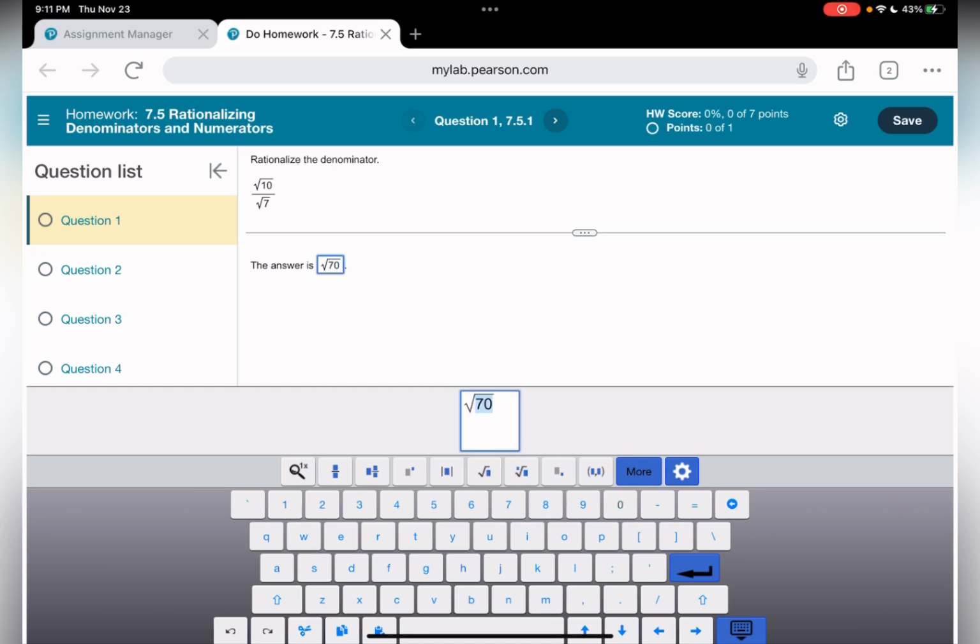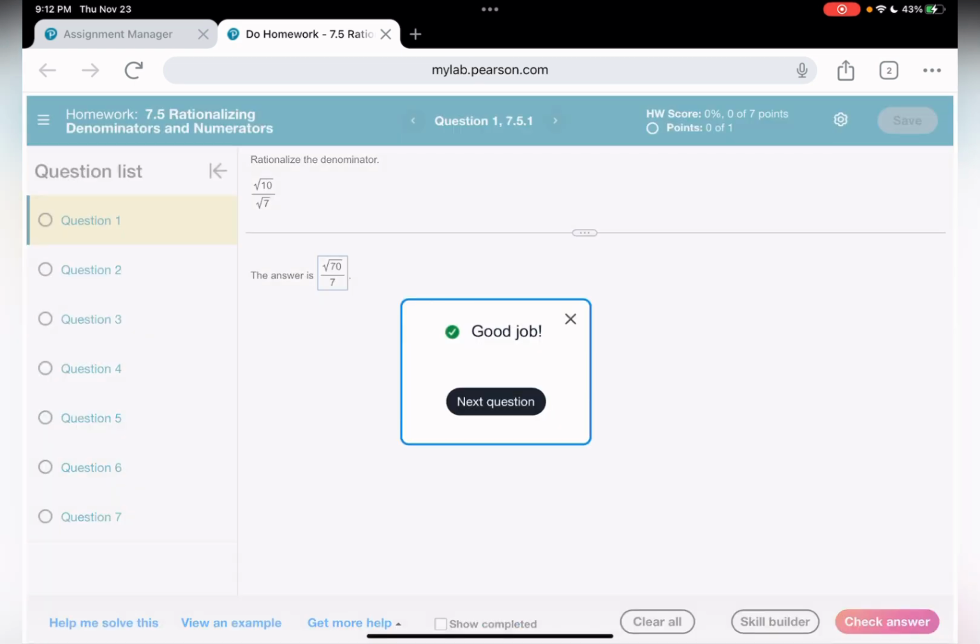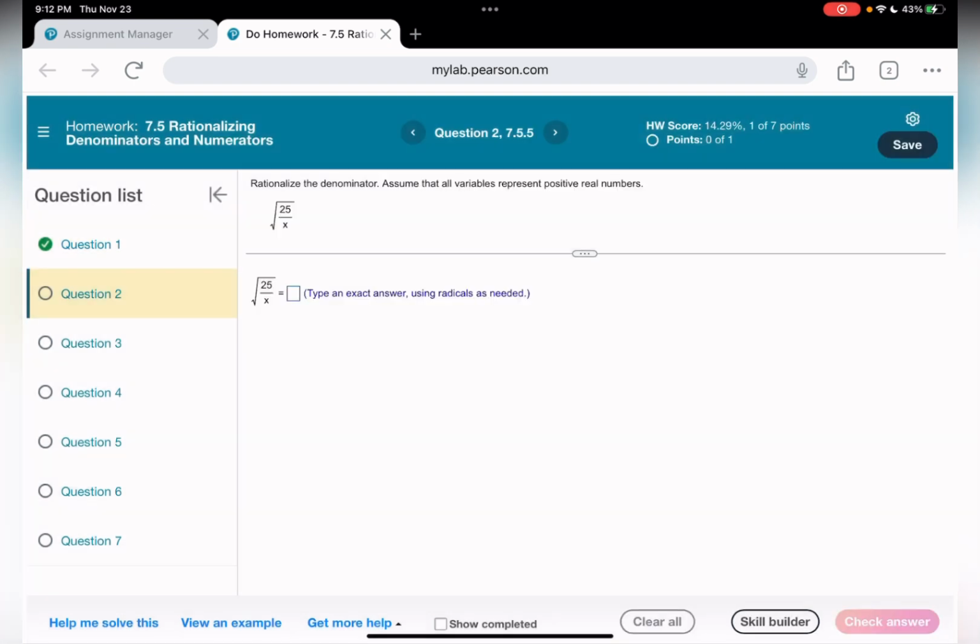Square root 70, divided by 7. Next question.